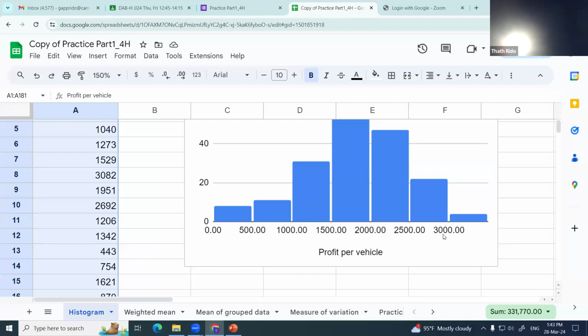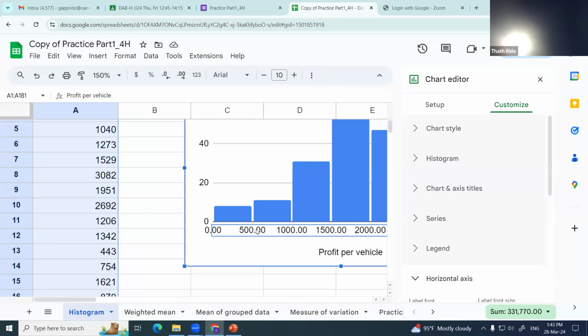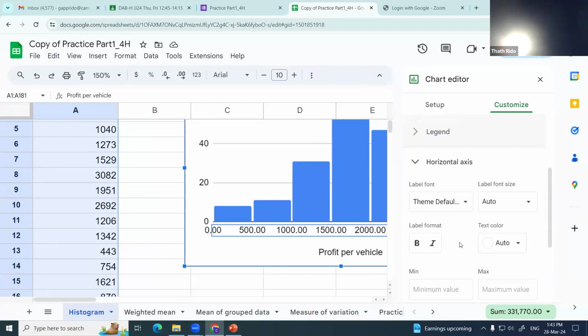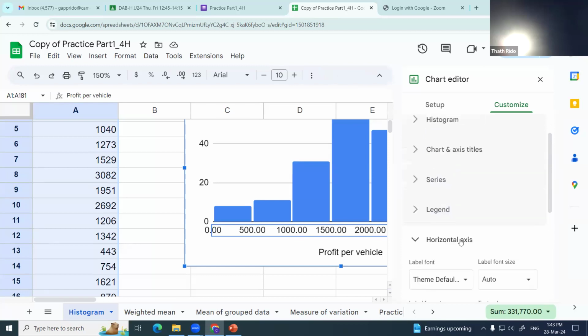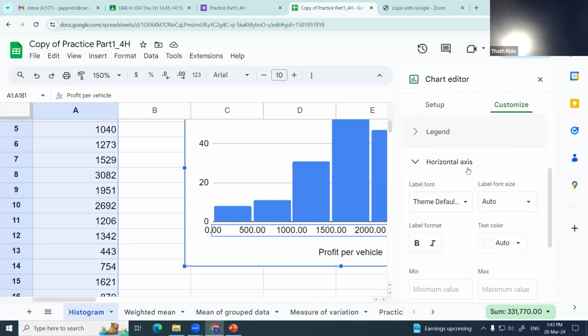So we can customize the horizontal value. The fastest way to edit is to double click on that number, and it will show horizontal. If you do not want to double click, you can go to the 3 dots, edit chart, customize, and then choose horizontal axis.